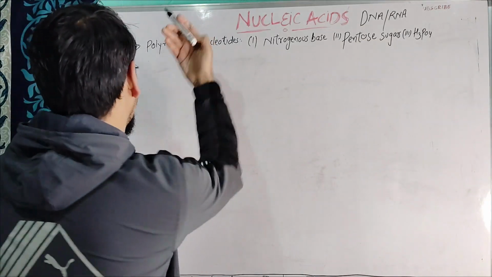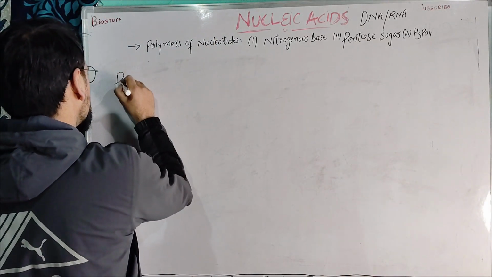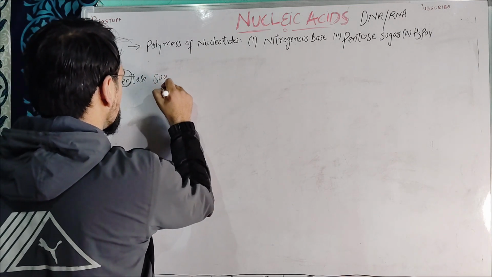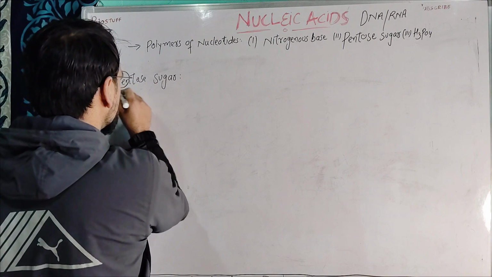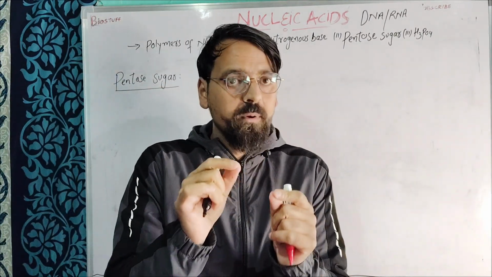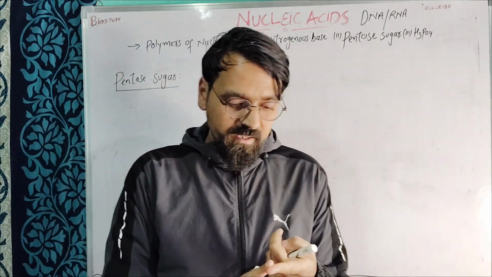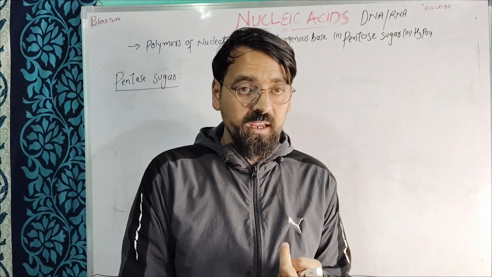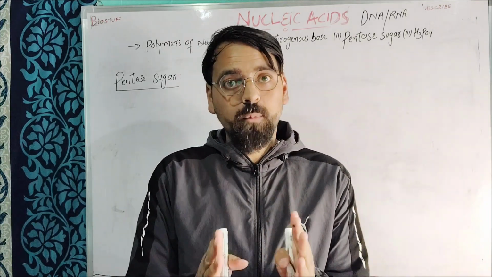Now, pentose sugar. We have two types of pentose sugars, 5-membered rings. In DNA, we have the deoxyribose sugar, and in RNA, we have the ribose sugar.